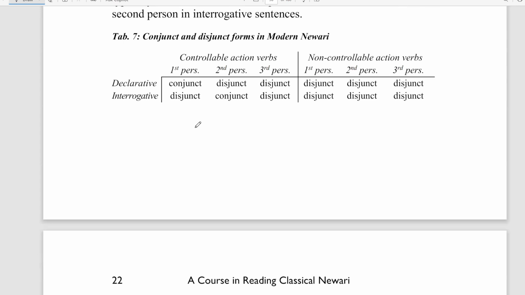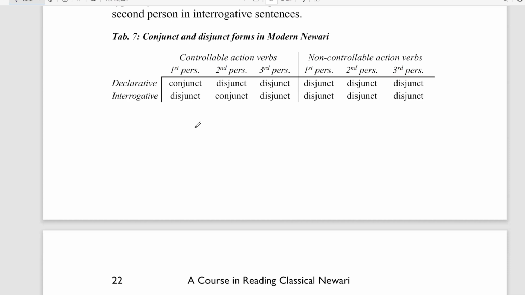Basically, in the declarative sentence for the first person, you need to use a conjunct, which is the perfective participle in the past, and the verbal noun in the non-past, to indicate that the agent of the sentence gets into this action with his or her own volition, the self-involvement in the action, and this also applies to the interrogative sentence.